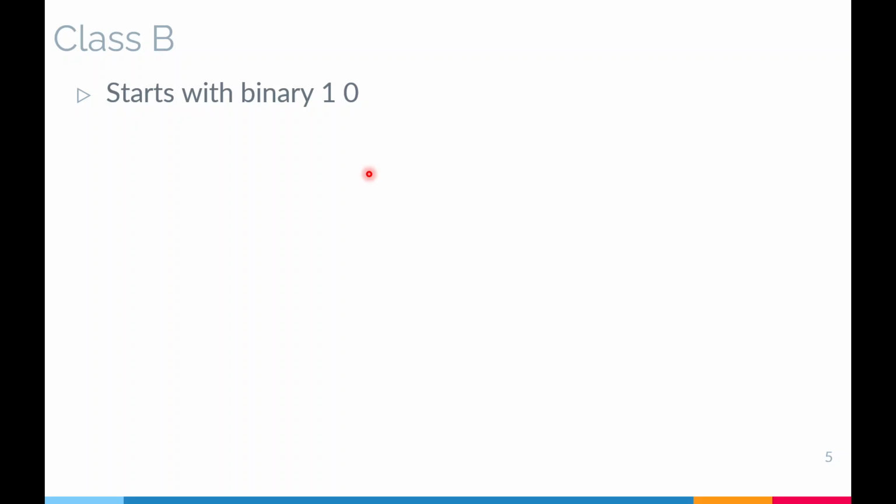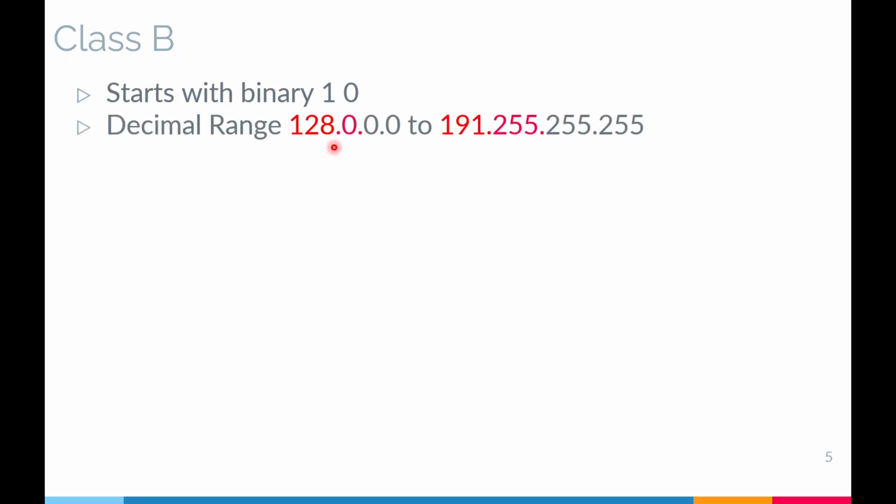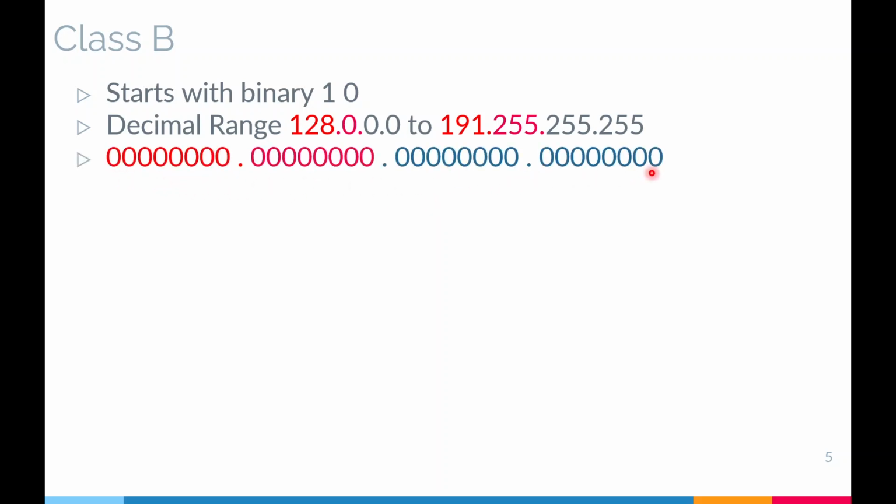Now here's the decimal range. It starts from 128.0.0.0 to 191.255.255.255. This 255 is the max limit when all the 8 bits of an octet are set to 1. Now again we have the binary representation. It's not exact but just a format so that you can understand the network and the host portion.